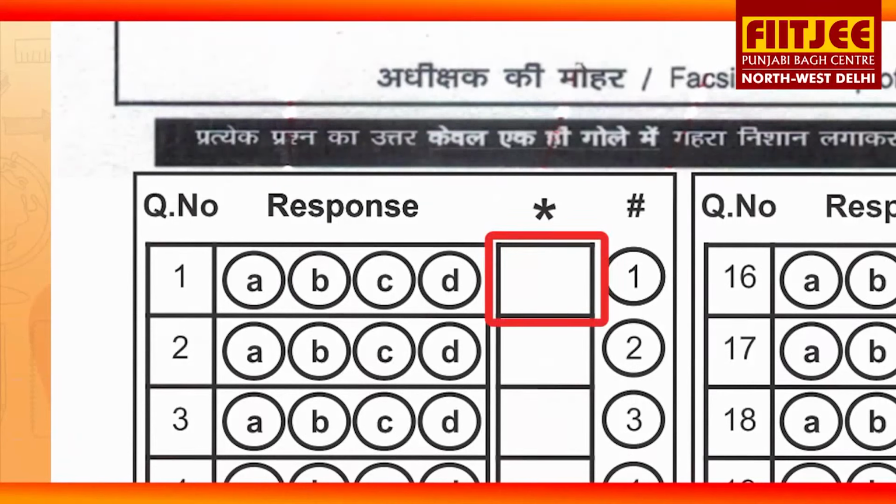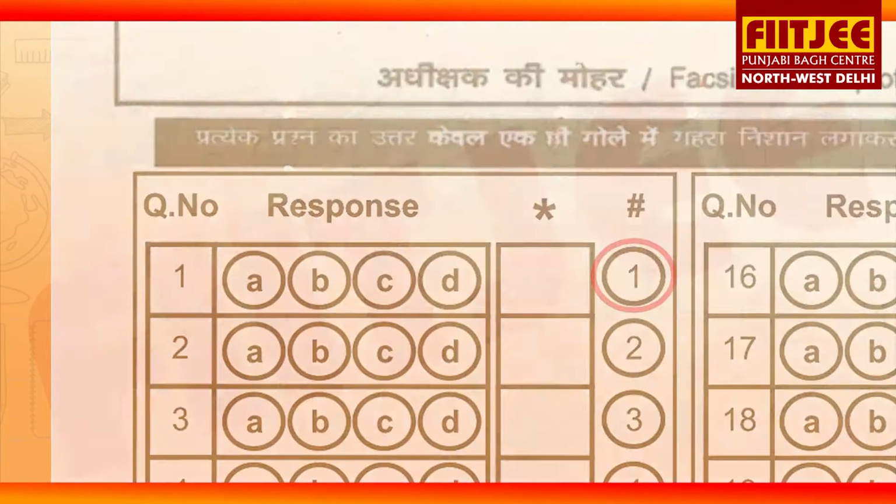Candidates have to write the correct option in this box, that is A or B or C or D, as the answer is. After the box, again a circle is given ahead of the box where the question number is also written inside the circle. This circle is to be darkened by the candidate if they have not attempted this question.